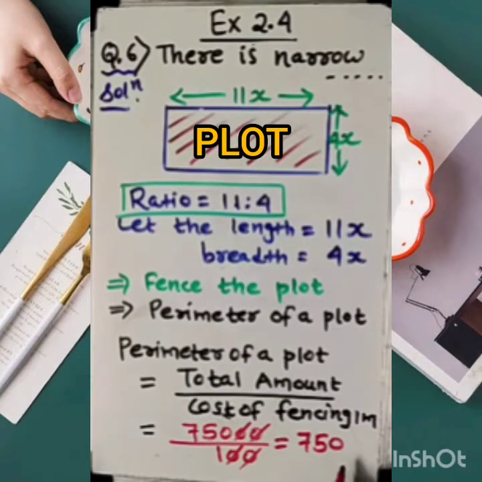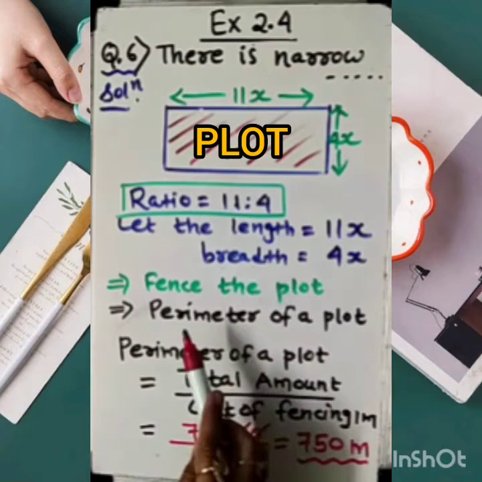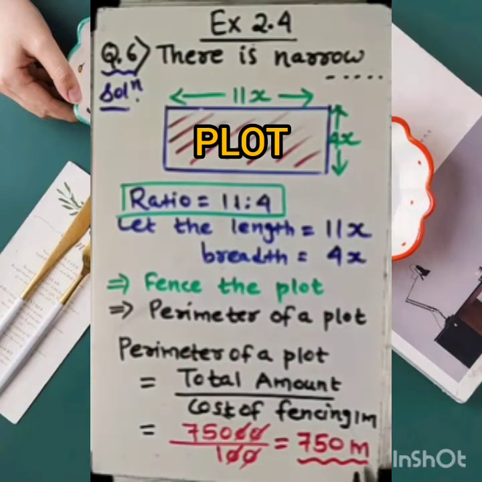It will be the perimeter of the plot. We will consider the perimeter of the plot as 750 meters. We are mentioning the unit here. This we are going to apply in the formula of the rectangular plot. Let's see how to solve further.